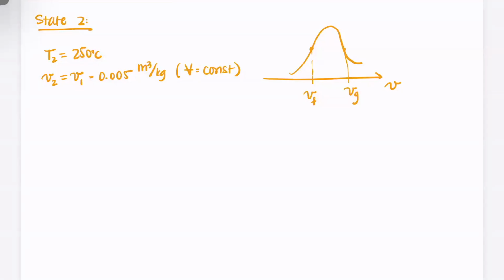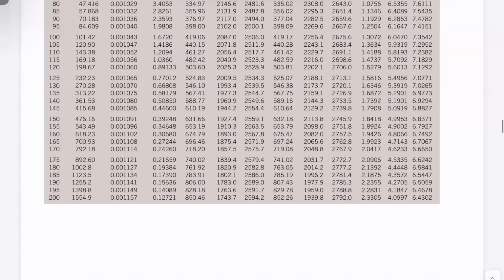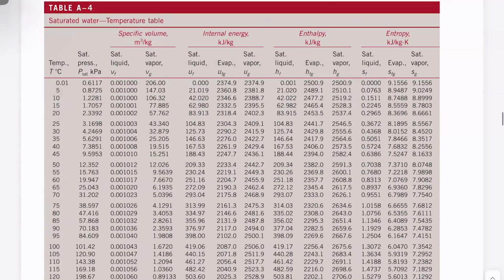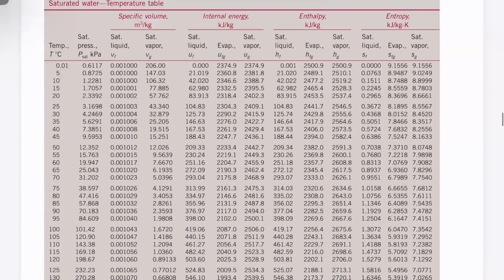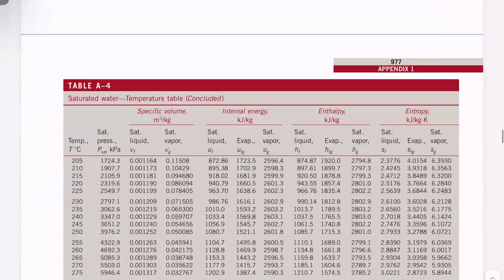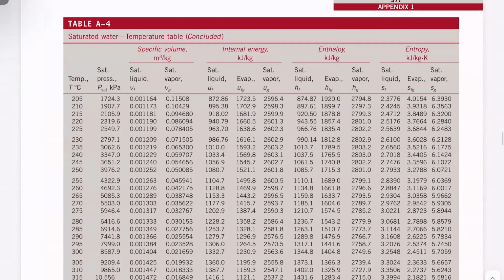So we are going to use the temperature table for saturated liquid water. Okay. So that is right here. So we're going to our temperature table and we have 250 degrees C, which is this line here.